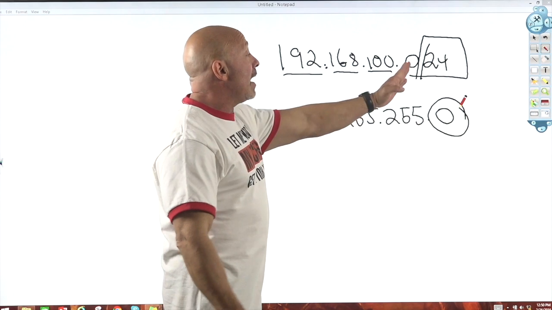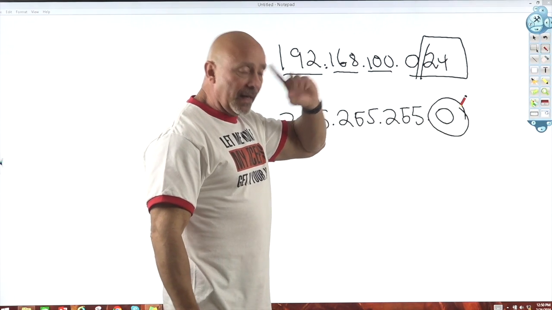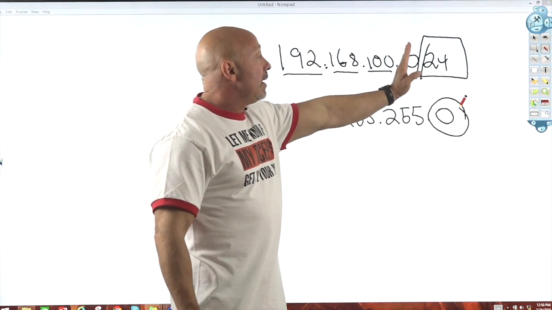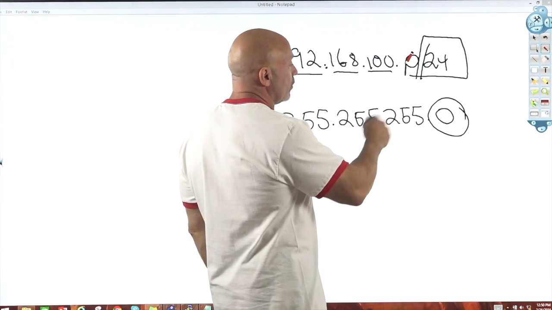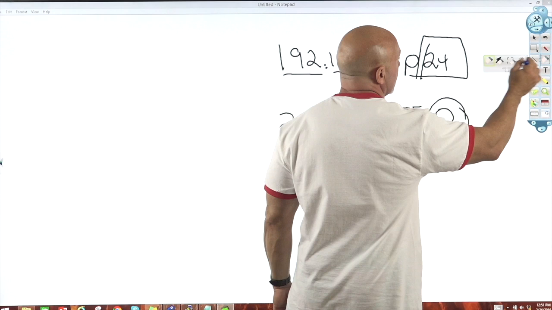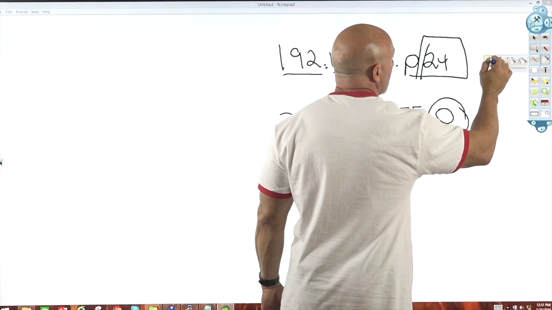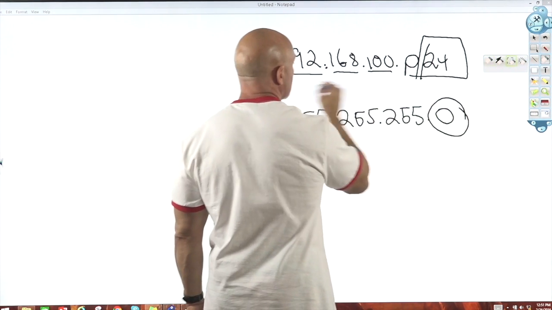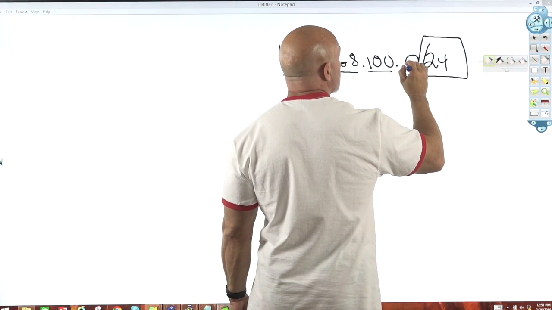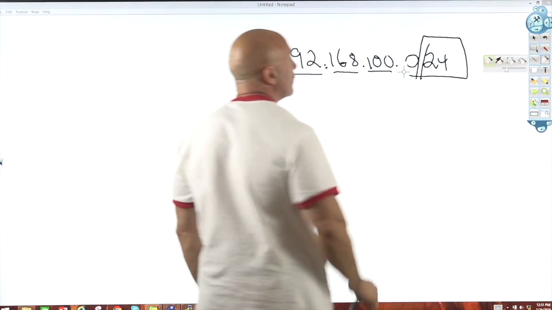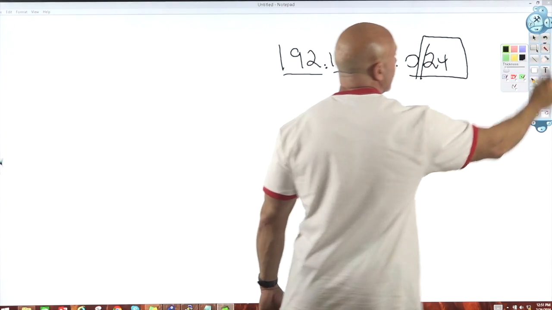Doesn't matter. Now, I don't want to throw a monkey wrench in this, so I'm going to erase some of this stuff because now it's becoming gibberish. All right, let me get the pencil back.